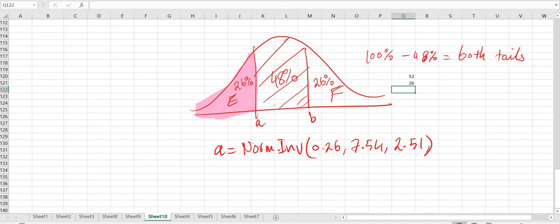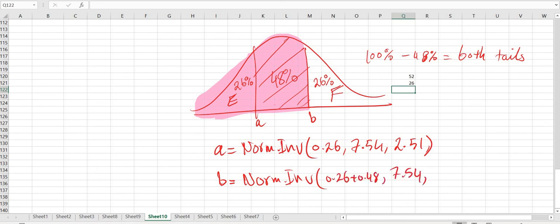That is the value for A. The value for B is basically the area to the left of B, which includes the 48% plus the 26%. And I'm going to use the norm dot inverse of 0.26 plus 0.48, comma, 7.54, comma, 2.51. So that is how I'm going to compute A and B.